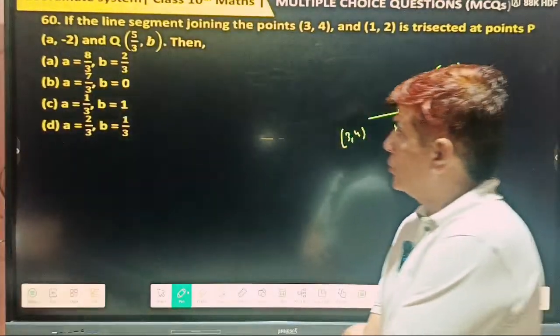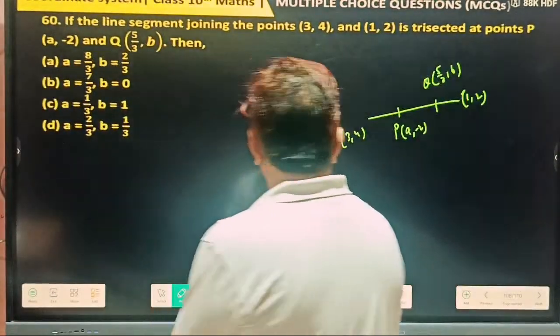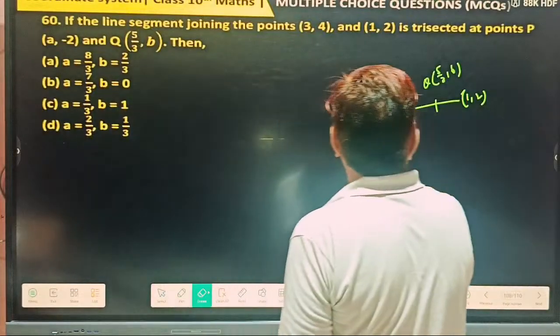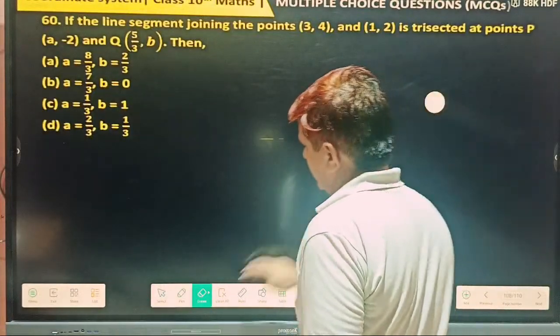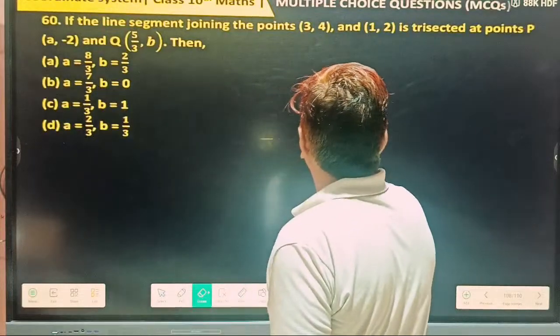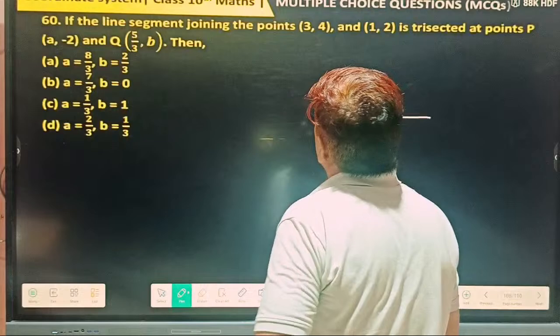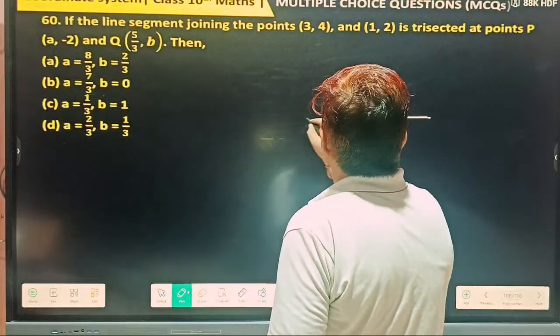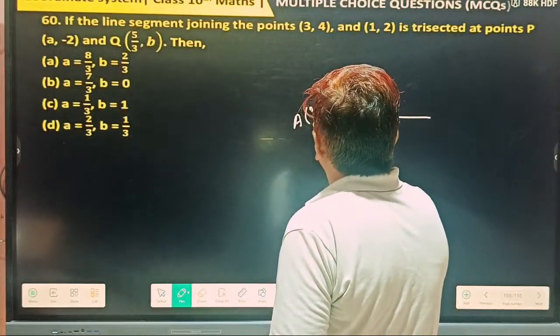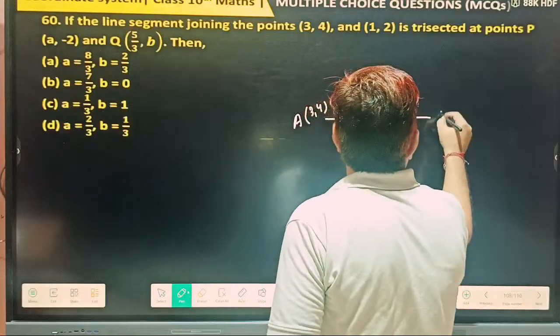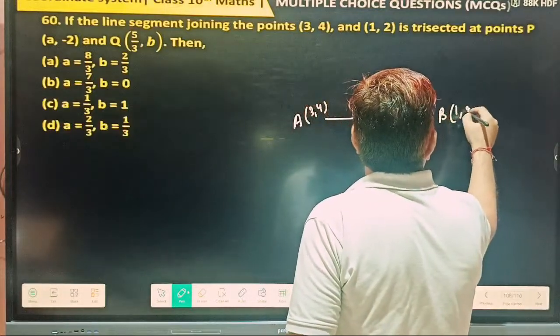So this one also: check if the line segment, this is a line segment joining the points A (3, 4) and B (1, 2).